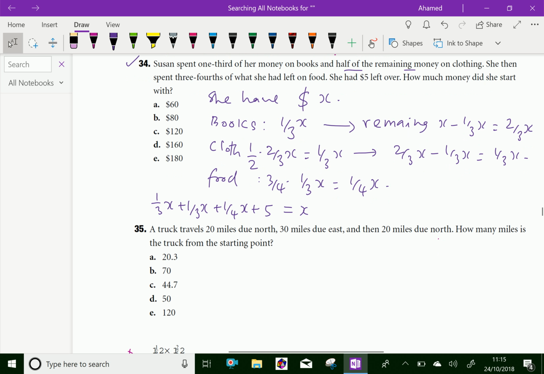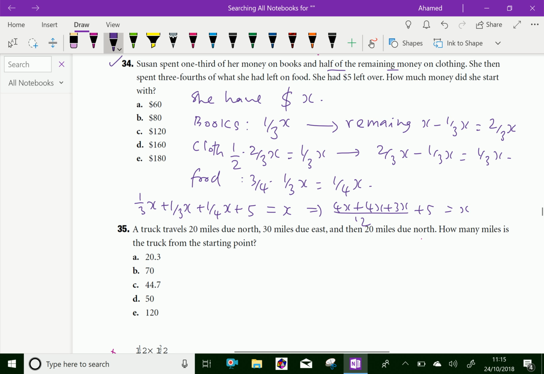Here we do the calculation. The LCM is 12, so 4X, another 4X, and 1/4 is 3X, plus 5 equal to X. Further, 4X plus 4X is 8X, 8X plus 3X is 11X over 12, plus 5 equal to X. Therefore X minus 11X over 12 is 5.